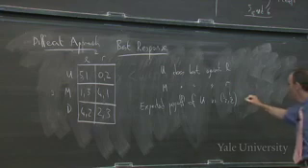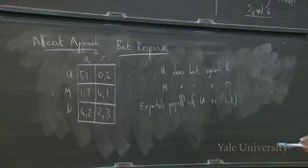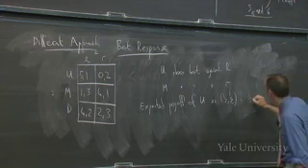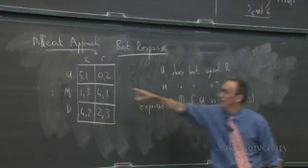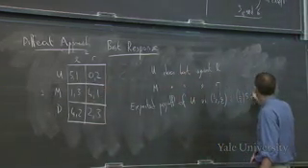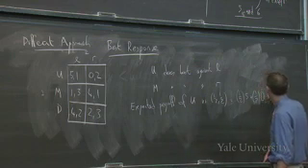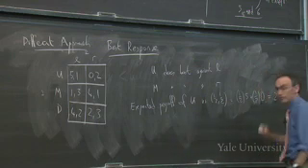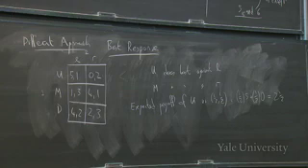So what's my expected payoff from choosing up, where I believe the other person's going to choose left and right equally likely? It's a half times 5 plus a half times 0 for a total of 2.5. Is that right? All right.